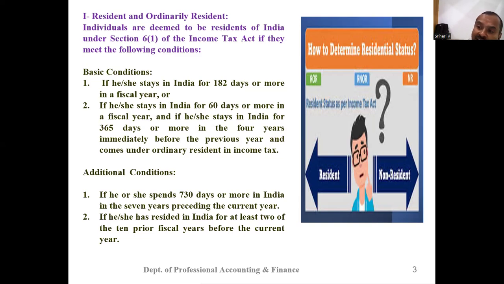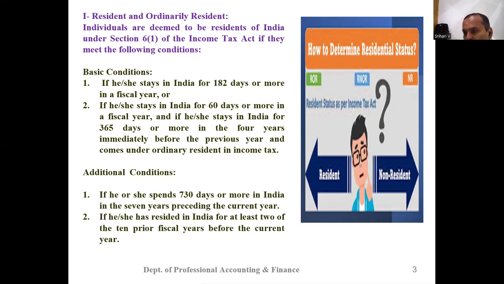If the individual fails to satisfy the first basic condition, we need to see the second basic condition. What is the second basic condition? In the previous year, that individual should be there in India for 60 days plus 365 days in the 4 previous years preceding the previous year.